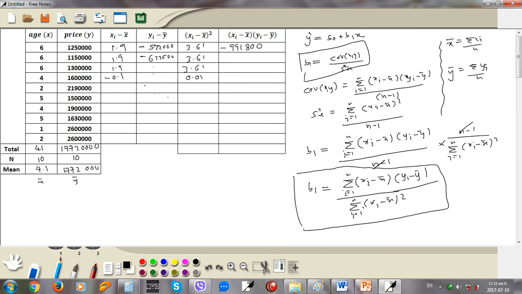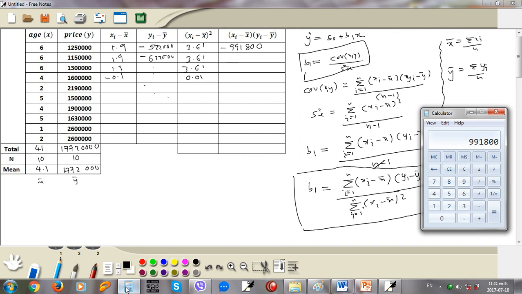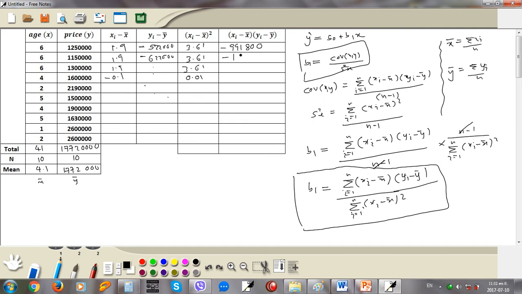Then we will try another value, 1.9 multiplied by 622,000, that is minus 1,181,800.